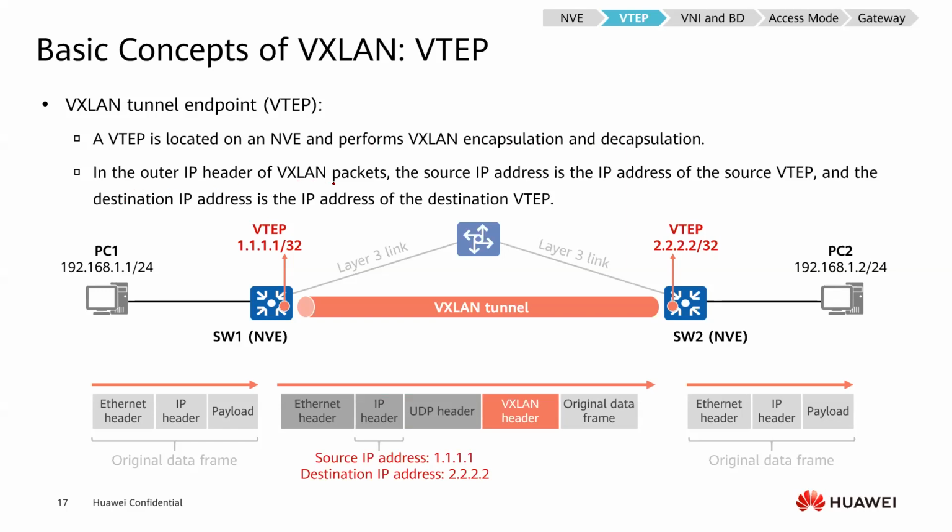In the outer layer of the VXLAN packet, the source IP address is the IP address of the source VTEP, and the destination IP address is the IP address of the destination VTEP. So VTEP is something inside the NVE. They are similar, but they are different. For just one NVE, it can have different NVE interfaces, and inside the NVE interface, you can configure a lot of VTEP configurations.